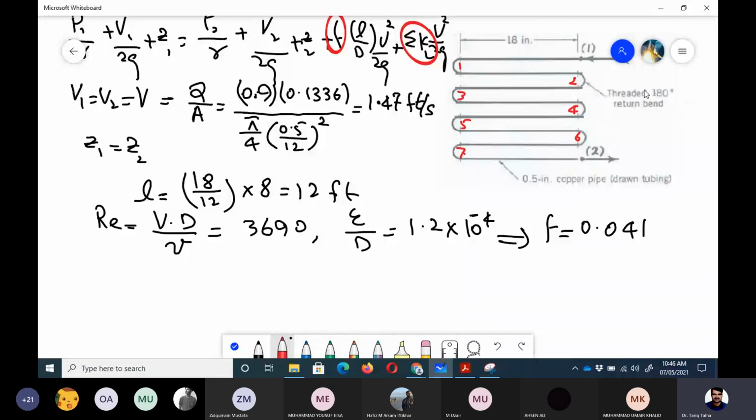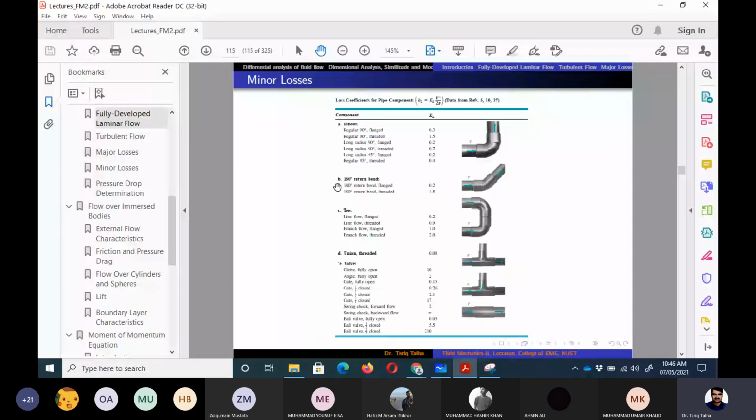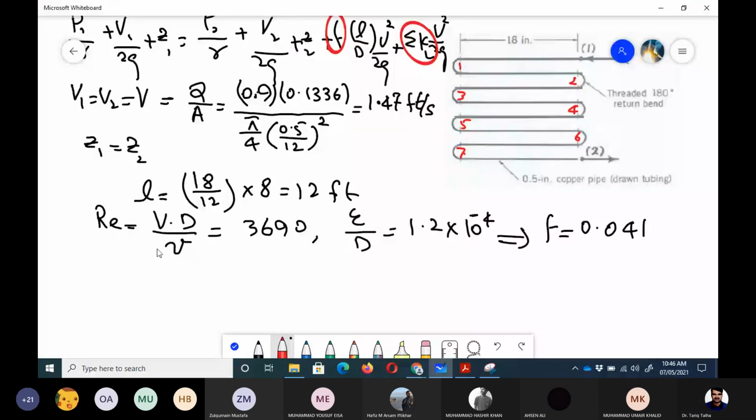So if we go into the table again, here the B section, 180-degree flange and threaded. So for the threaded, it is 1.5 KL value. So 7 into 1.5, summation of KL, which would be equal to 10.5.